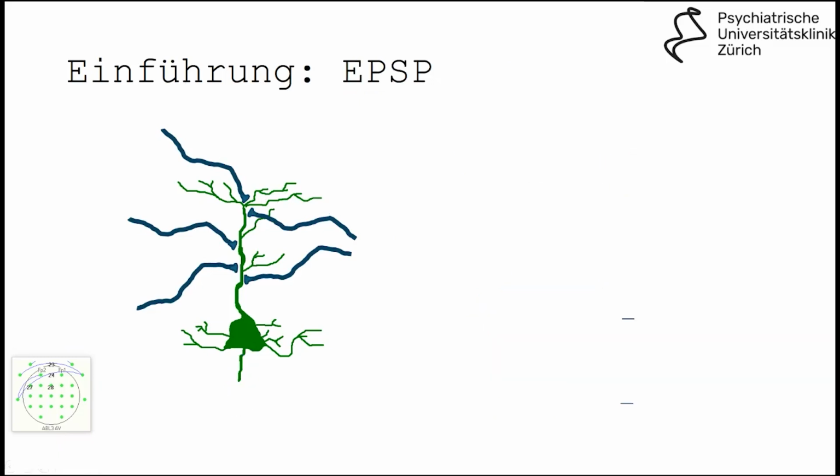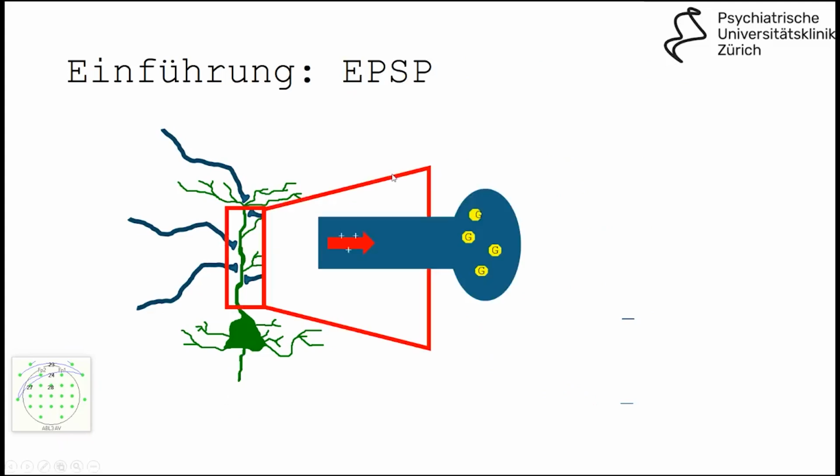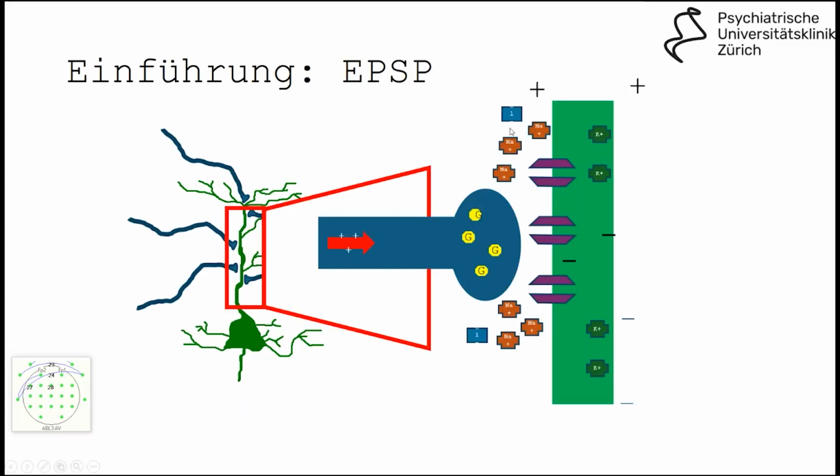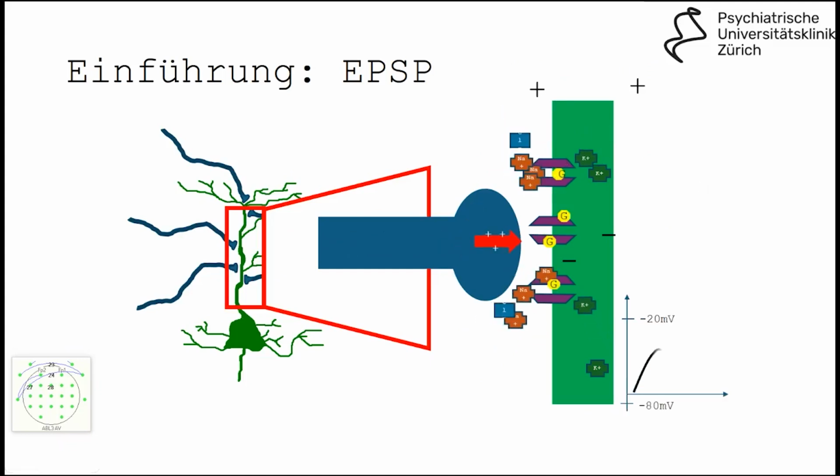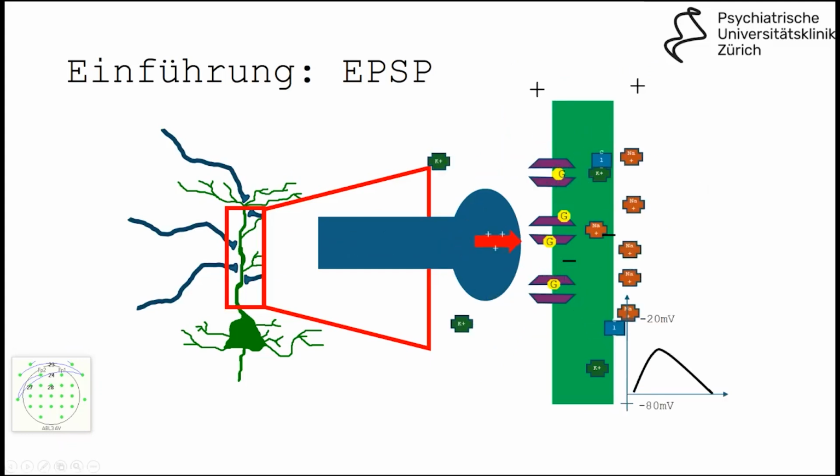So you can remember pyramidal cells are the basics of our EEG, and they are located in the surface cortical areas. So if we go a little closer and go to the receptors and to the ions, you see that this blue thing here is the axon, and here you see the dendrites, and here you see the receptor channels, and you see what happens if the glutamate is transmitted into the synaptic cleft.